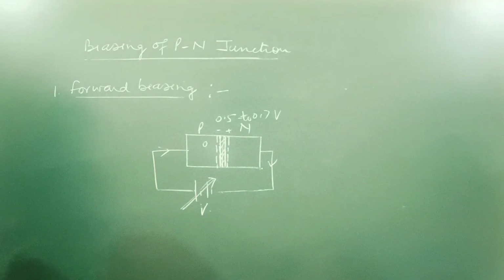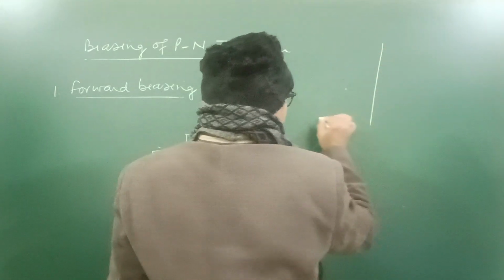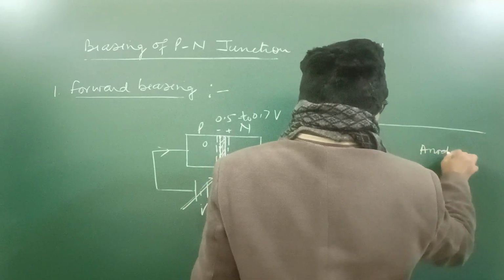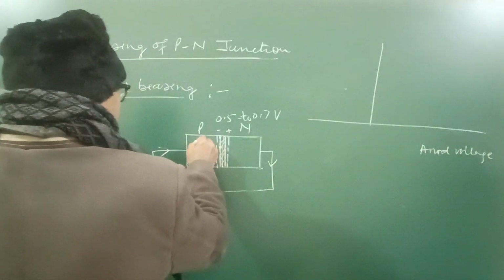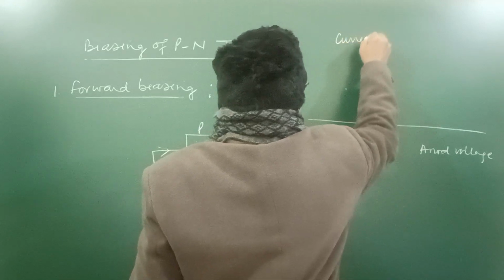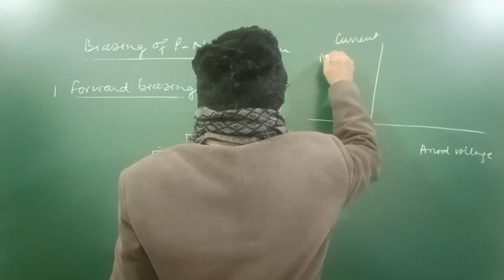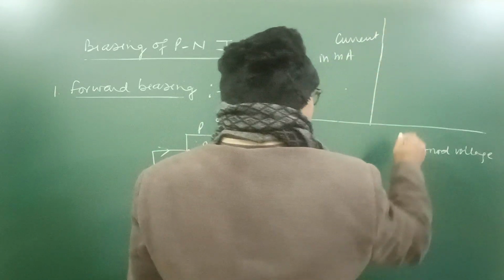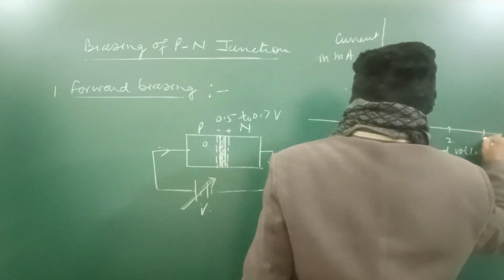This current increases rapidly. If we plot a graph here, anode voltage on the x-axis. Actually, this is called the anode here, and current in milliampere on the y-axis. Here it is 1 volt, 2 volt and 3 volt.